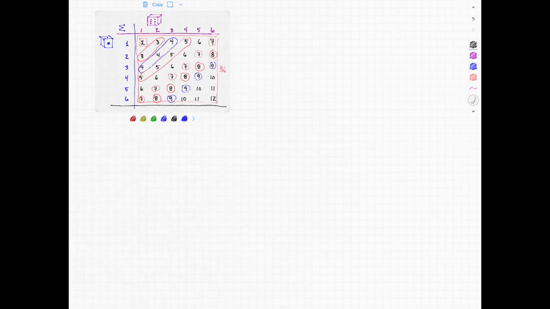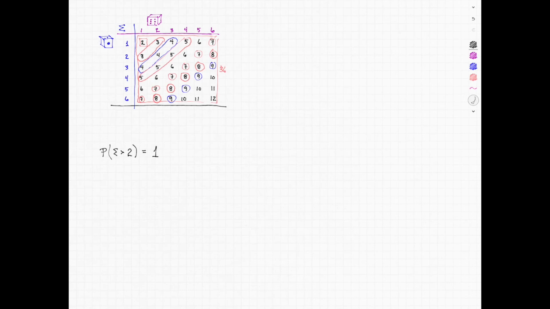So an easier way to do this would be, what's the probability of a sum greater than 2? Well, what does that mean? That means I don't want 2, but I want everything else. I could sit here and count all the everythings, or what I could do is say, if I have everything in the sample space, that's just 1.